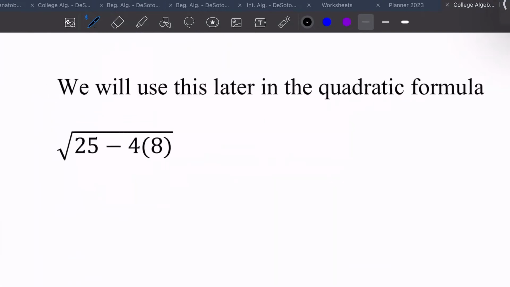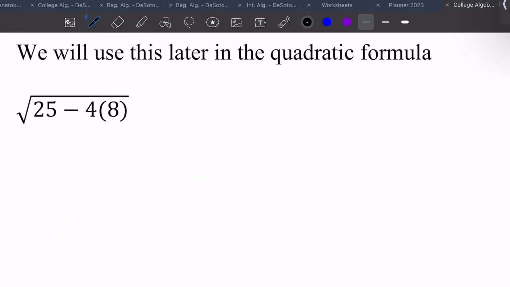And so we'll do one more. And this is something that you're going to see in the quadratic formula, and we're going to use it later. Okay. So say we have 25 minus 4 times 8. That's going to give us 25 minus 32. So that gives us the square root of -7.